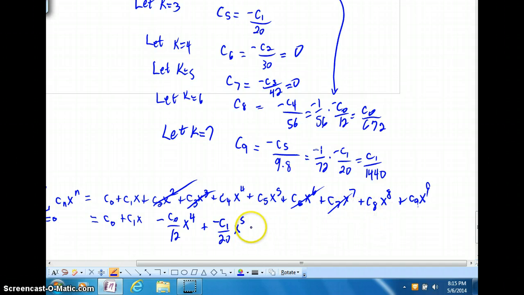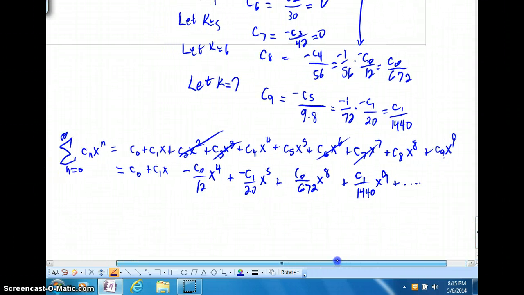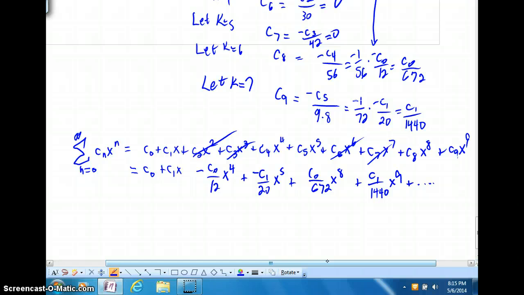Let's see, for c sub 8, we had plus c sub 0 all over 672, x to the 8th. And then we had plus for c9, that's c1 all over 1,440, x to the 9th. And my goodness, as we're looking at that, maybe you don't see an obvious pattern.